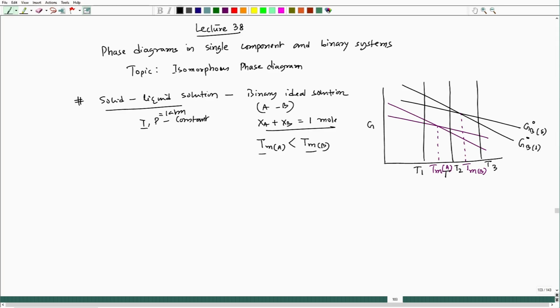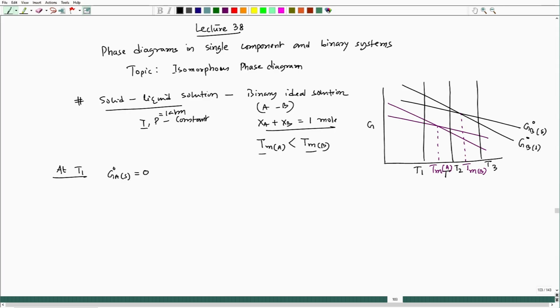Now, let us start with T1. So, at T1, by using the stability or the free energy hierarchy, I see that G A naught solid can be taken as 0.